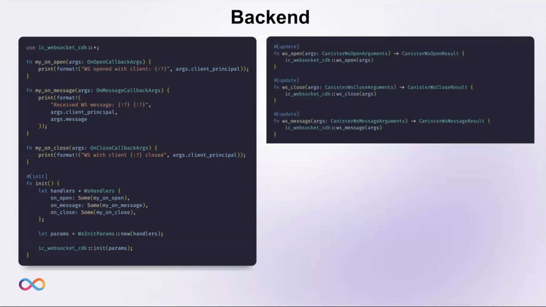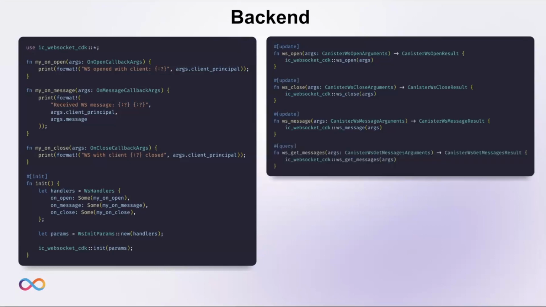So you have to expose these three methods, which are the methods that you would think about if you're thinking about a general WebSocket server. So there is a ws_open method, ws_close method, and ws_message. And then there is an additional method that you normally don't have in a traditional WebSocket server, which is the get_messages. This method, as you see, is a query call, and it's used to get the messages.